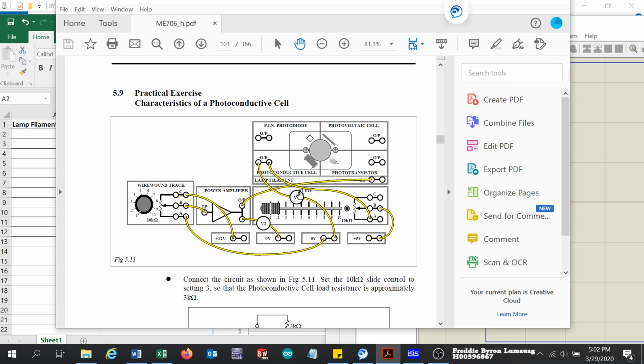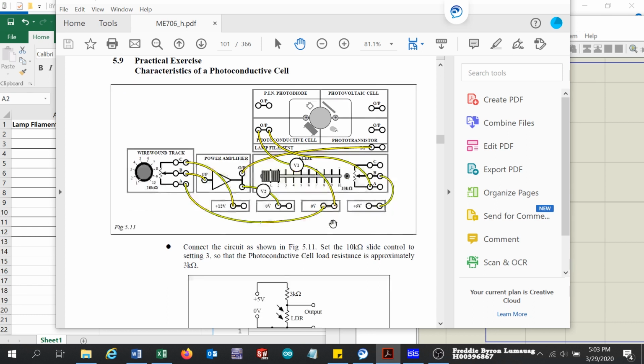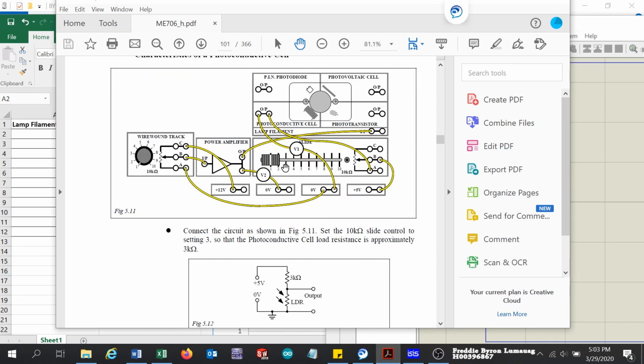And then the LDR is connected to the 5 volts with a drop resistor of 3 kilo ohms. We will know it because, according to the instructions here, it will be adjusted to 3 kilo ohms.